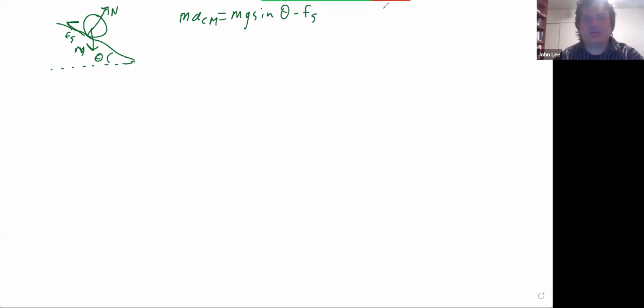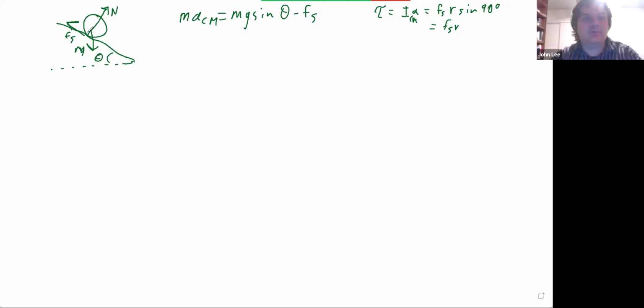And then the torque equals I alpha, which is just going to be F static times R, because of sine of 90, it's just going to be F static R, because the frictional force is the only force that's going to be pointing in any direction other than through the center of mass along the radius.